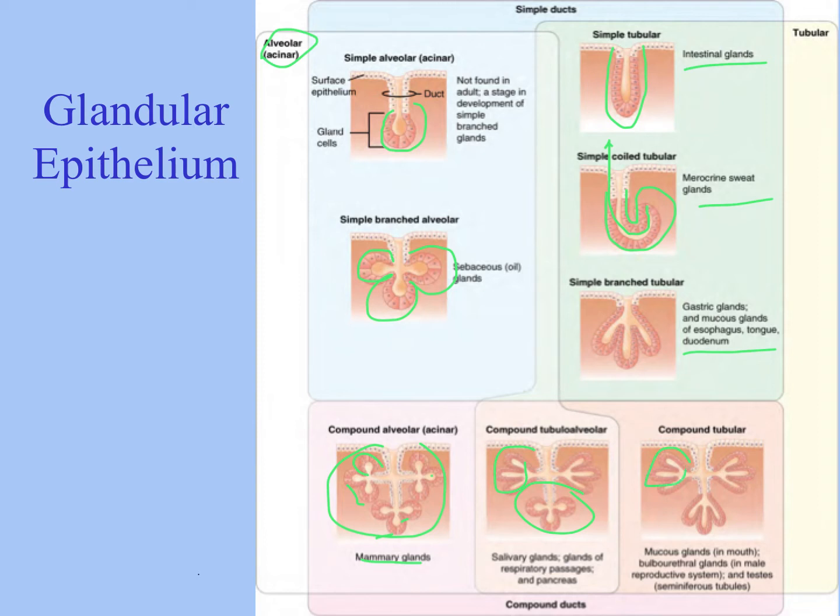Or compound tubular, in other words, multiple types of tubular glands, which can be found in the bulbourethral glands in the male reproductive system, in the testes, and even some mucus glands. So not all mucus glands are strictly goblet cells, unicellular, but some of them are compound tubular glands that you can find in the mouth, where you need to produce large amounts of mucus.